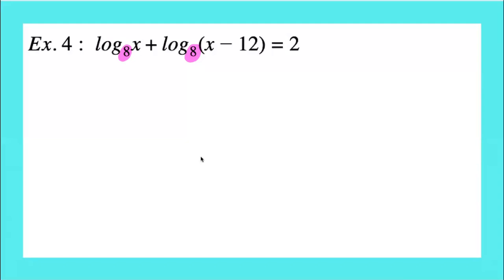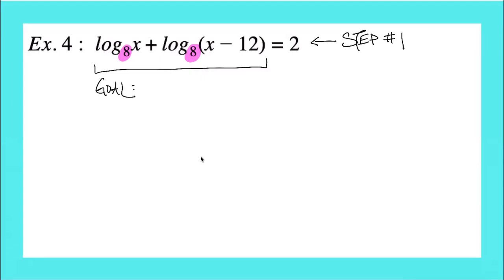So here's the deal. This is going to require us to know step number 1 from those steps that we talked about earlier, okay? So there's something that we need to do, but our goal is to turn 2 logs by condensing them into a single log.